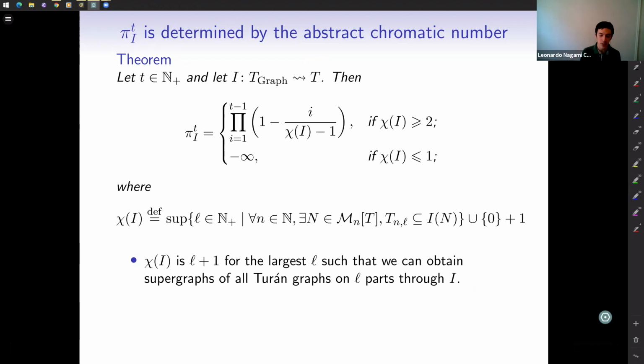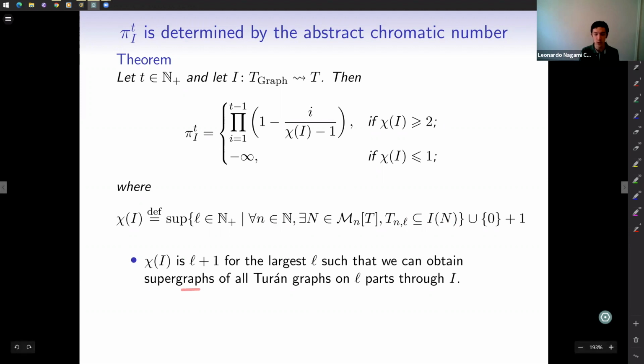So let's look at this formula for a second, right? You're going to maximize over L. For every size n, you're going to ask, does there exist a model of size n in my theory such that when I apply my construction I see a graph that contains the Turan graph of size n in L parts, non-induced. So this contained here is non-induced.